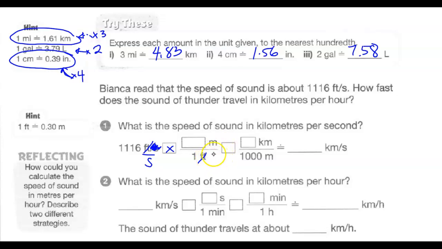Then we're going to multiply by kilometers over meters, because then these meters divide out. So we know 1,000 meters is 1 kilometer, but you might not have memorized how many meters are in a foot, although over here they're giving you a hint, so you don't have to look it up.